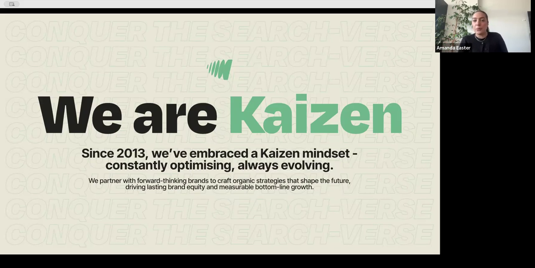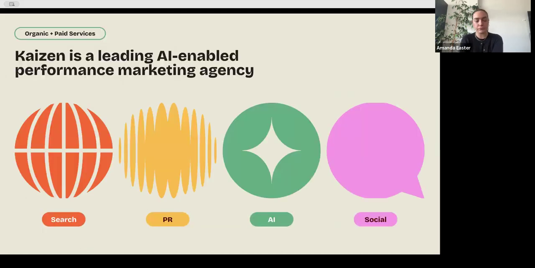For those of you who don't know, Kaizen is a Japanese mindset, which we were founded on, which means continuous improvement. So that's one of the reasons why we love to host webinars and roundtables, just to talk through new things that are happening in the industry and share knowledge with you here today.